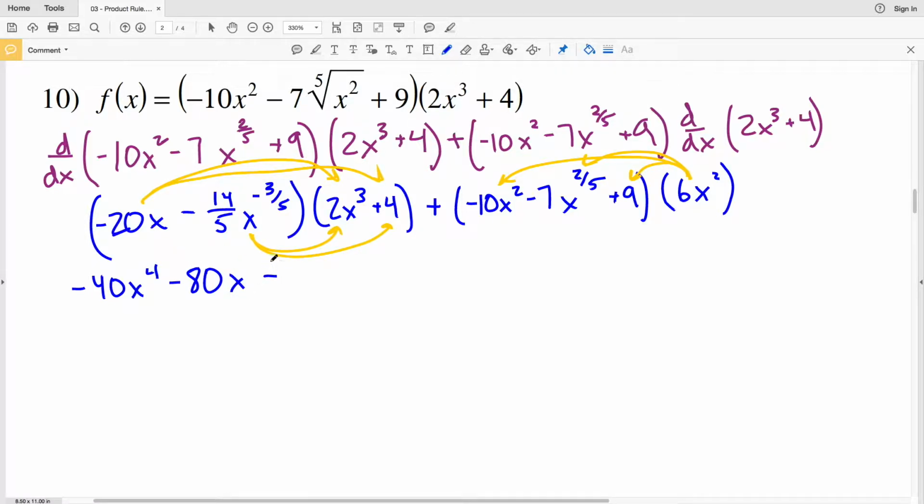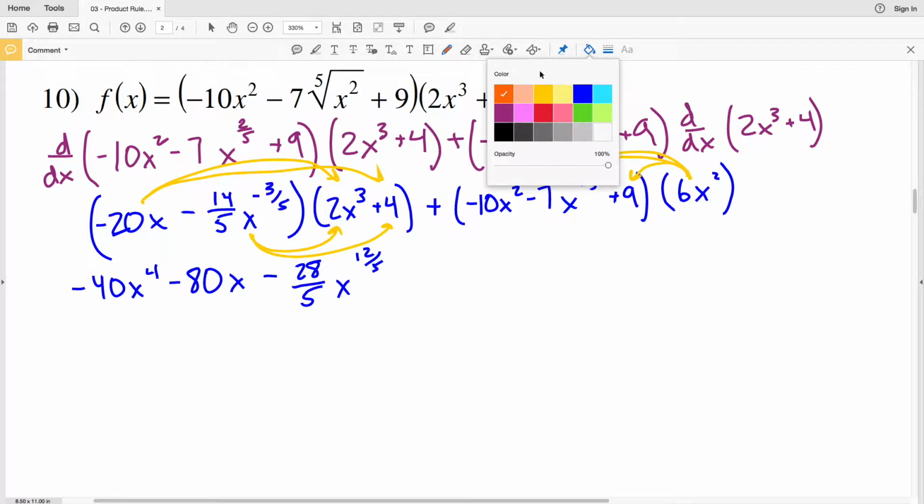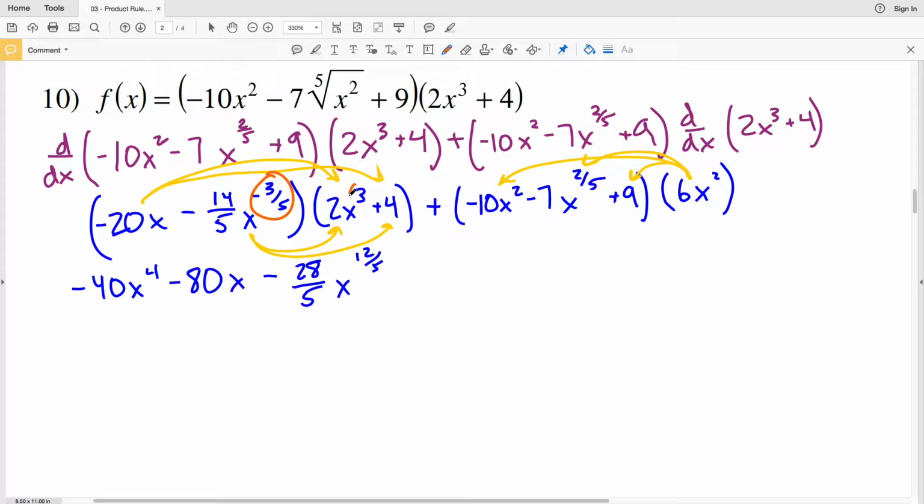And then I'll be subtracting 14/5 x to the negative 3/5 times 2x to the 3rd, which will be 28/5 times x to the negative 3/5 plus 3. So we can think of this as negative 3/5 plus 15/5, because 15 divided by 5 is 3. So negative 3 plus 15 is a positive 12. The positive 12/5. So again, negative 3/5 plus 3 equals 12/5.